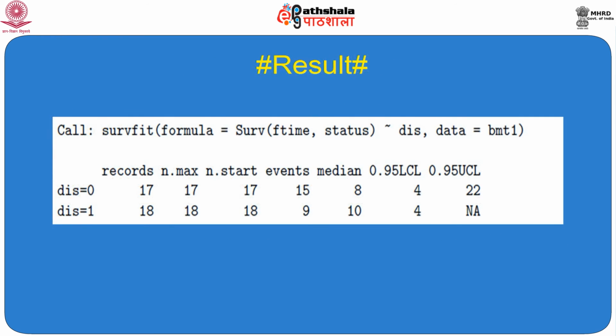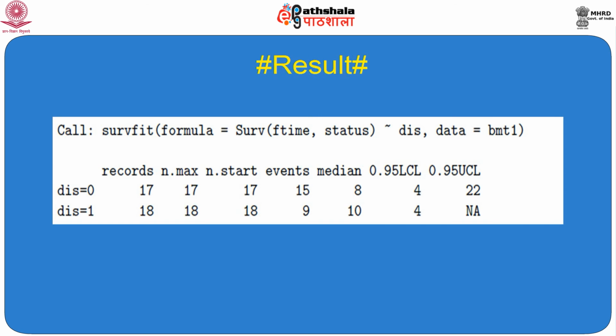Coming to the results obtained through the Kaplan-Meier estimation. Here disease 1 and 0 stand for ALL and AML, with the confidence interval, median survival follow-up, number of events, and results. It is to be noted how the difference arises.